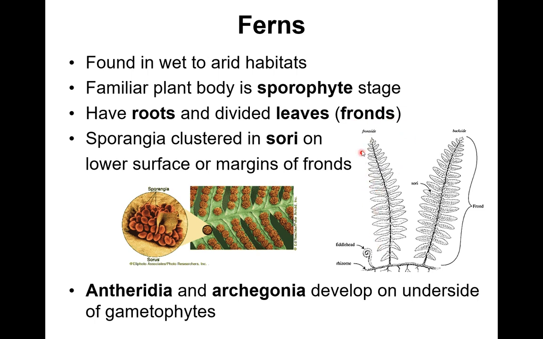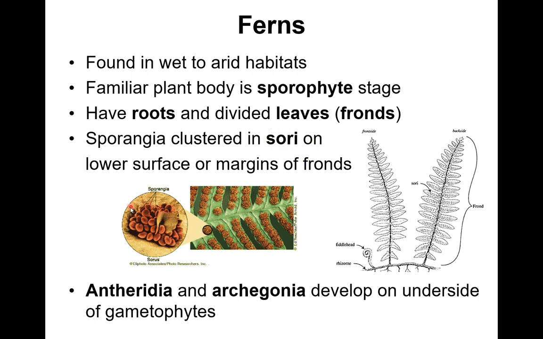When you look at the sporophyte, now the sporangia, so the structures that produce spores, are actually hidden underneath these leaves. They are clustered together in structures referred to as sori, plural. A sorus is one; sori is the correct plural in Latin, and sori probably in English.